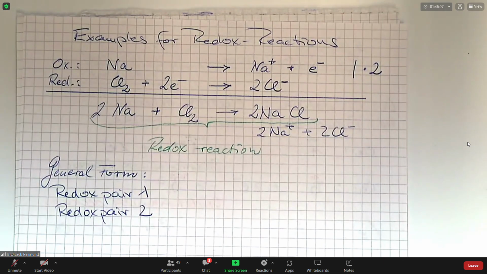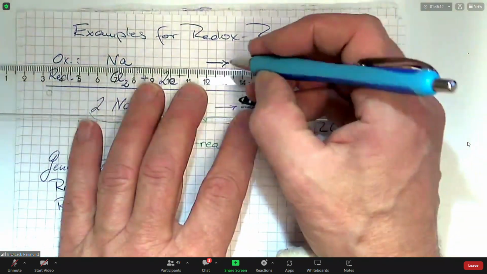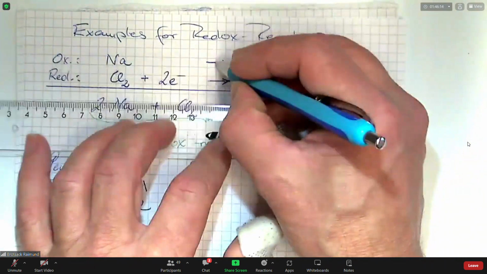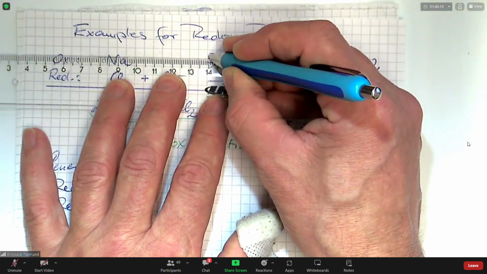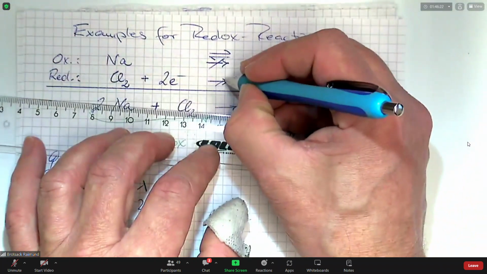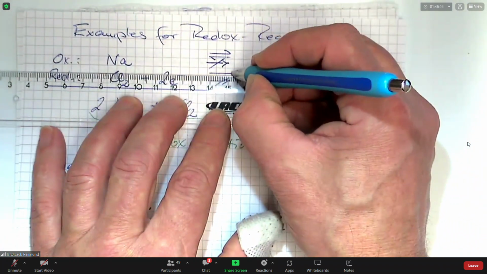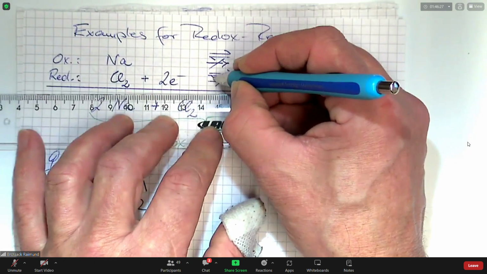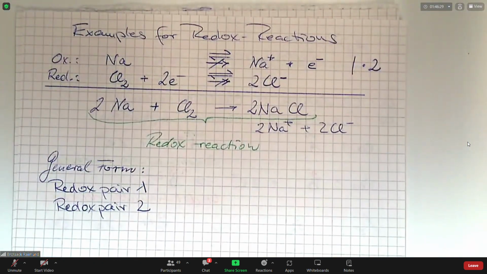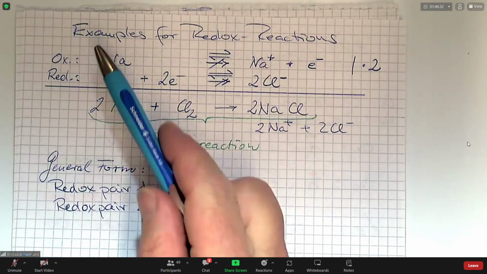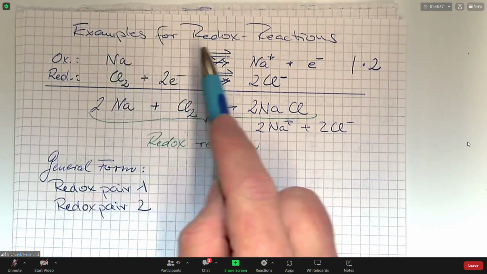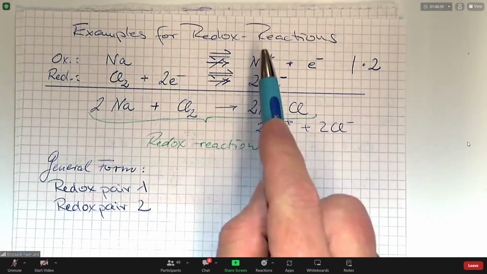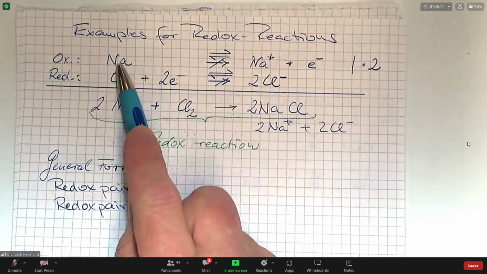Because at the end, we very often said, in theory, it can go in both directions, left to right or right to left. So we are balancing, and we always say this is the reduced form, which is oxidized, and the oxidized form can be reduced.